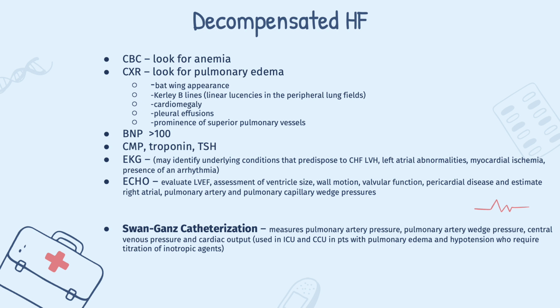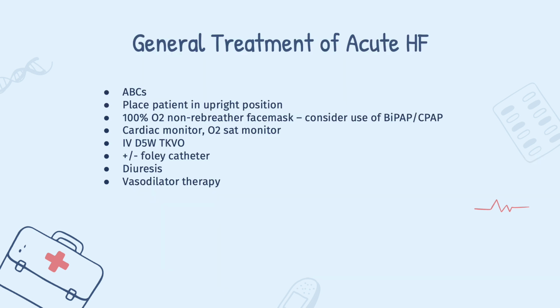those measurements. So general treatment of acute heart failure, so again, our ABCs, like put your patient in an upright position because they feel like they're drowning because they do actually have wet lungs. Get them on oxygen. Consider BiPAP or CPAP. Again, we want to be able to drive the fluid out of the alveoli and open up that airway.